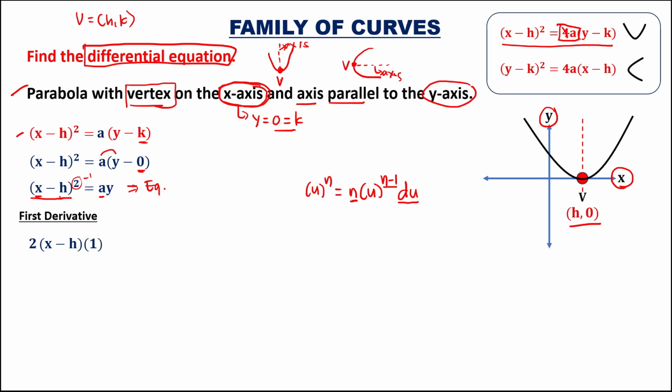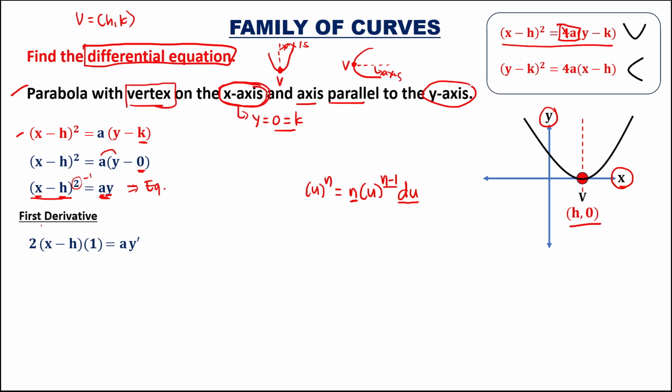So the derivative of x is 1, and the derivative of a constant is 0, then equals the derivative of a times y. So bring down this constant a. Then the derivative of y is y prime. Now take note that for every derivative of y, there must be a y prime.